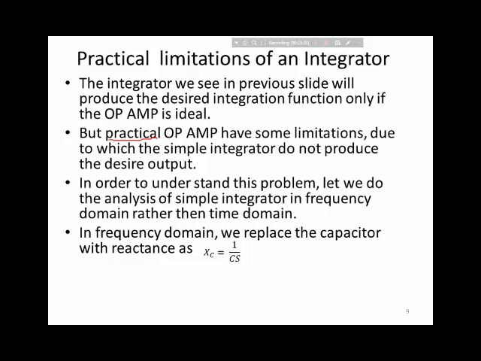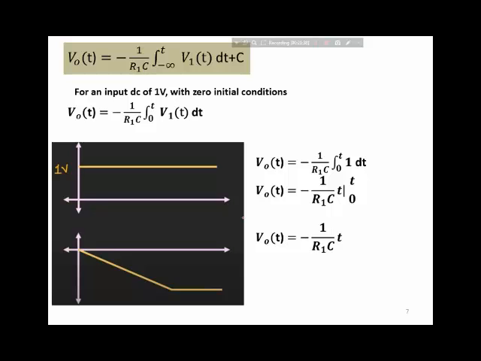So in order to understand this problem, let me do the analysis of the simple integrator in the frequency domain rather than the time domain. So far, the analysis of the integrator that we did was in the time domain. The output that we computed was a function of time for our input as a function of time. So these two quantities, output and input, are functions of time.